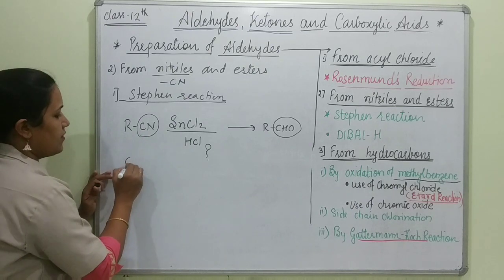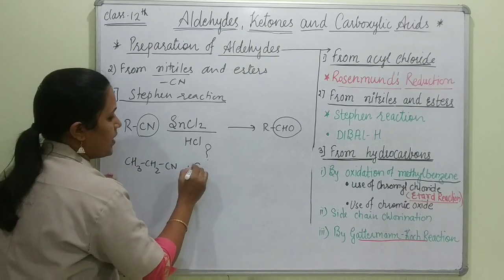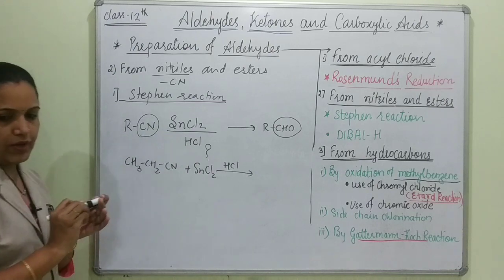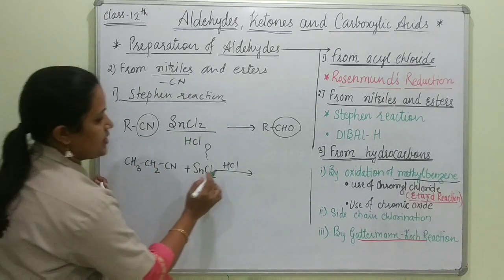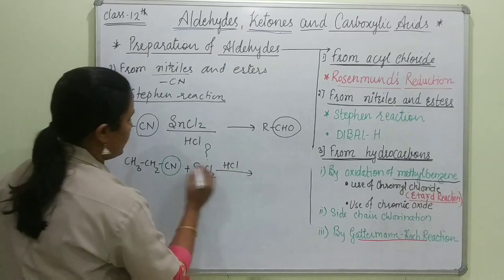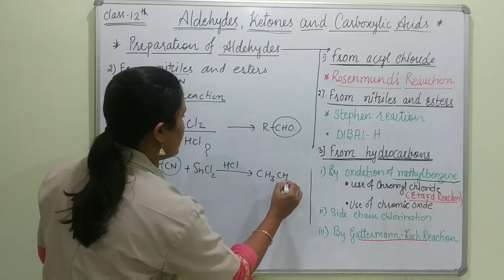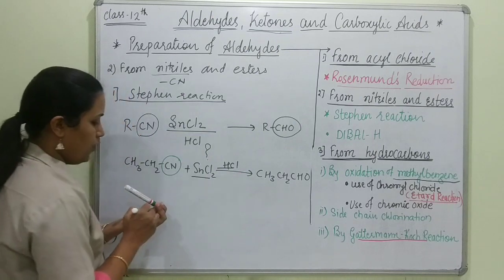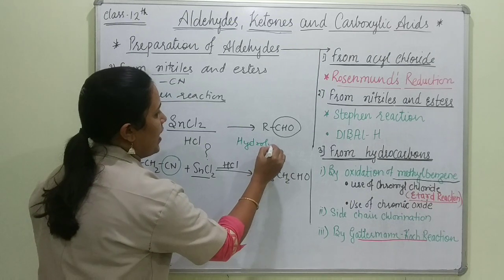If I have CH3CH2CN plus SnCl2 in the presence of HCl, only this group will convert, and it will be converted into CH3CH2CHO. Not only SnCl2 and HCl, we need hydrolysis also.